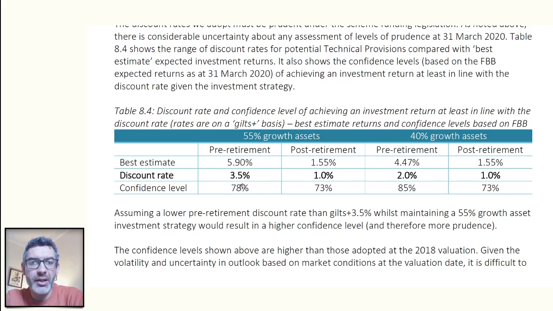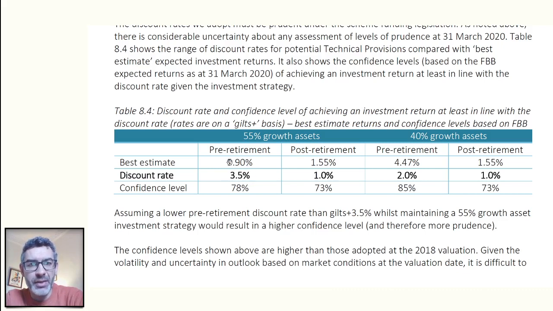So this is where USS are prepared to rate the covenant for the scheme as strong, and they say that a portfolio that they're calling their pre-retirement portfolio, under those circumstances, and this is the assets held in respect of people who are not yet retired, who are still active members in the scheme, or perhaps deferred members in the scheme, they're saying that the best guess at how much that portfolio will return is 5.9% above gilts.